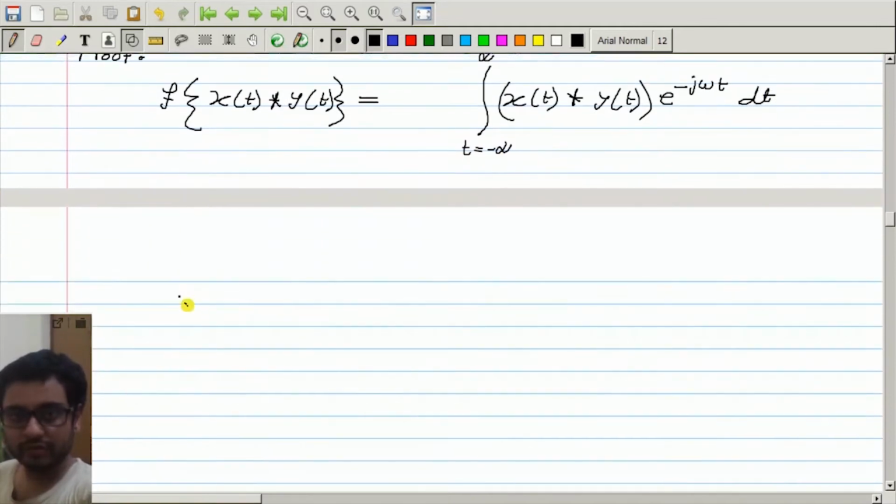Now this is equal to integration over t from minus infinity to plus infinity.